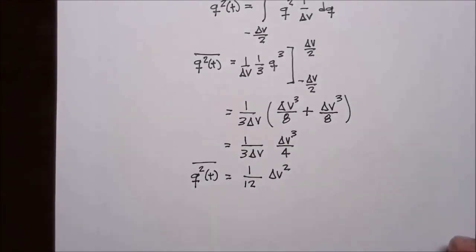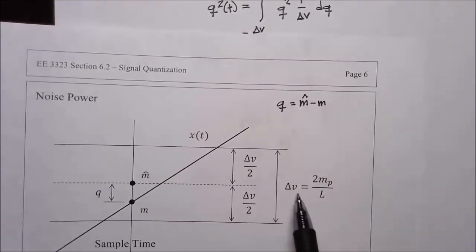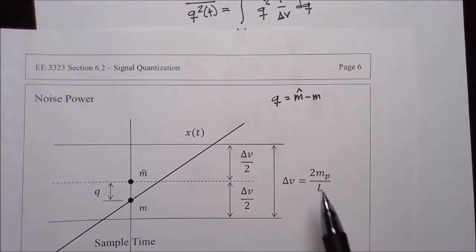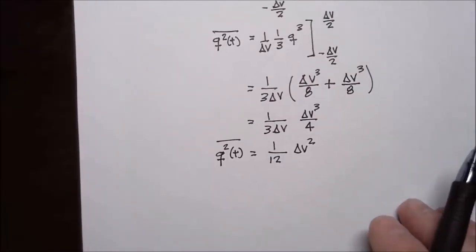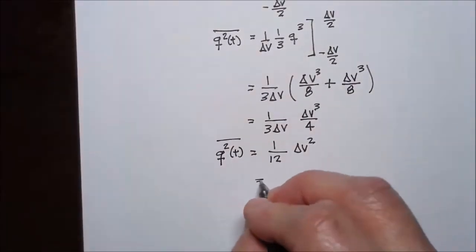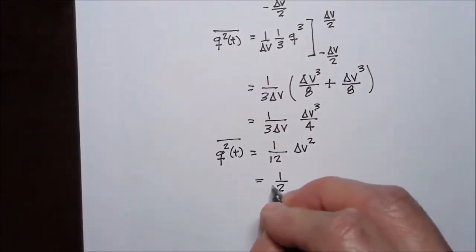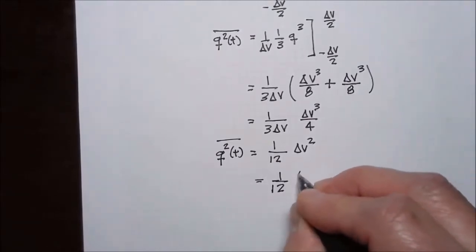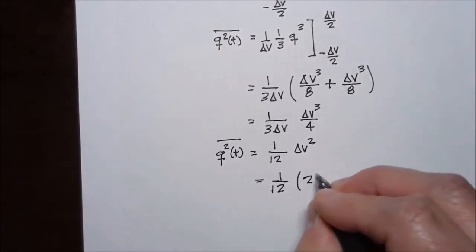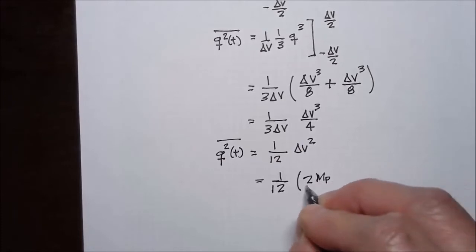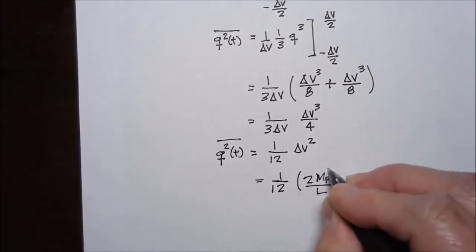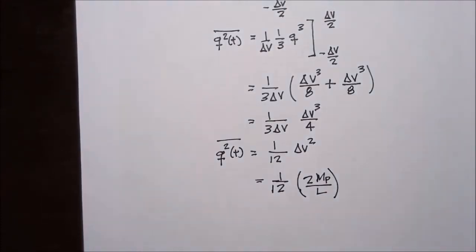And remember that delta V is equal to 2 MP over L. So this is going to be equal to 1/12, and delta V is twice the peak range of the digitizer divided by the number of levels.